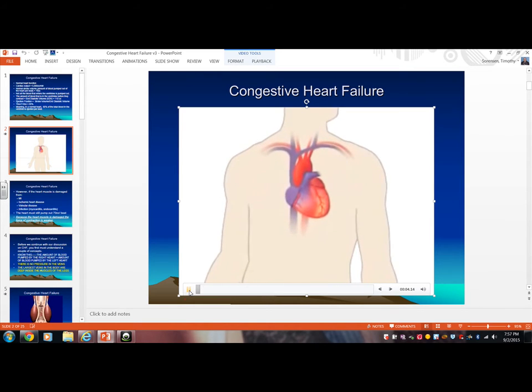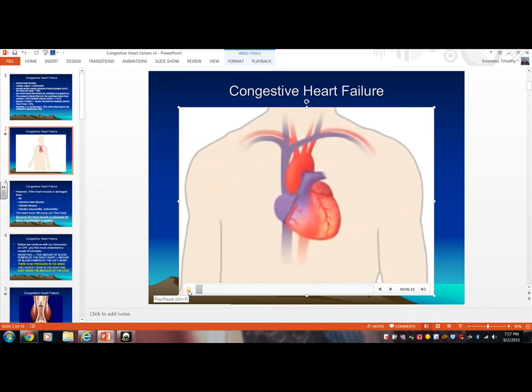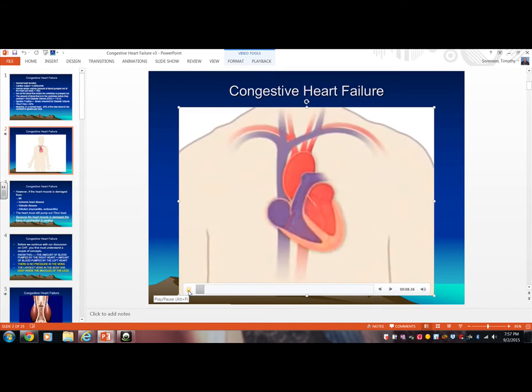As you know, you got two sides to your heart. You got your right side and your left side. Here's the important piece. The right and left side pump exactly the same amount of blood.